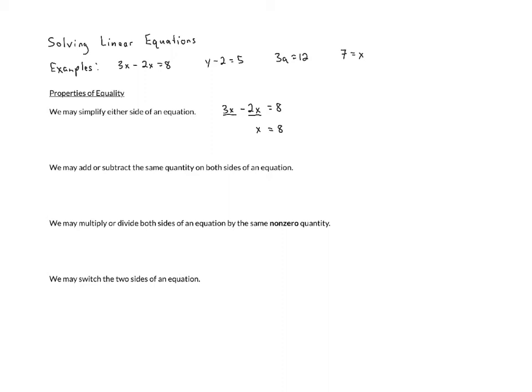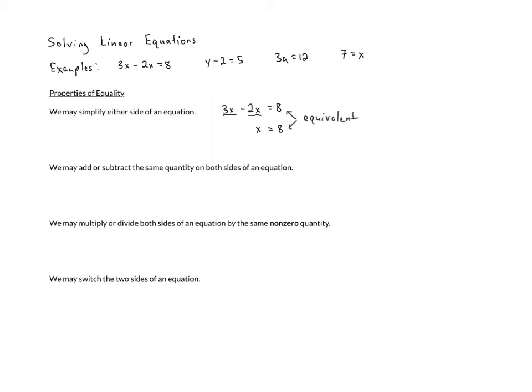Now, we end up with an equation here that looks different from the original equation, but these equations are what we call equivalent, meaning they have the same set of solutions. So they look different, but they're going to have the same solution. And each of these properties of equality allows us to take an equation and rewrite it as an equivalent equation with the same solution.